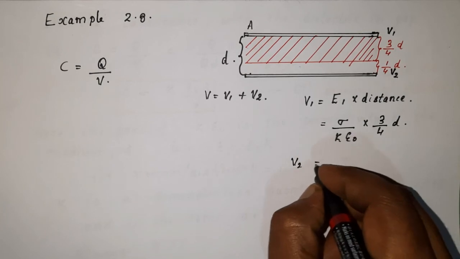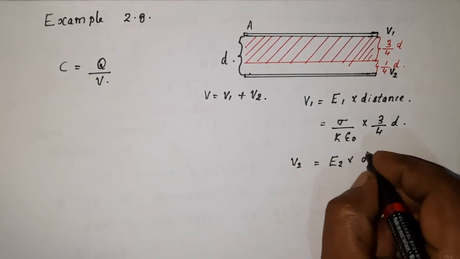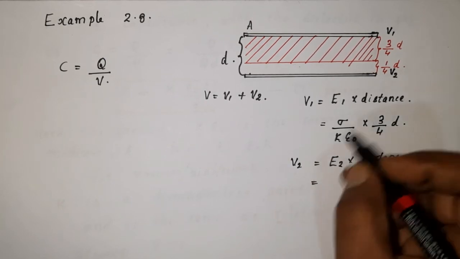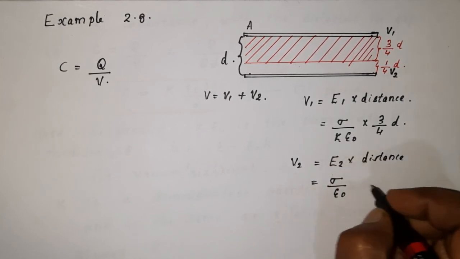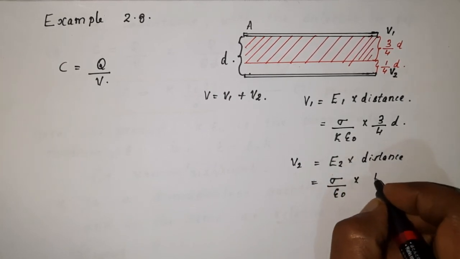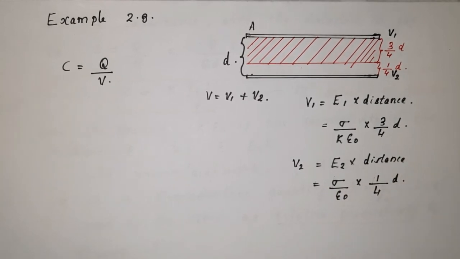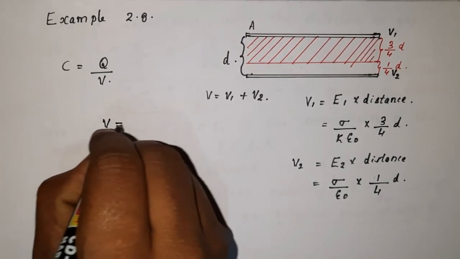Similarly, V2 is equal to E2 into the distance. E2 is the field in the absence of dielectric, so it is sigma by epsilon 0 into 1/4 of D. So what will be the total potential difference V?